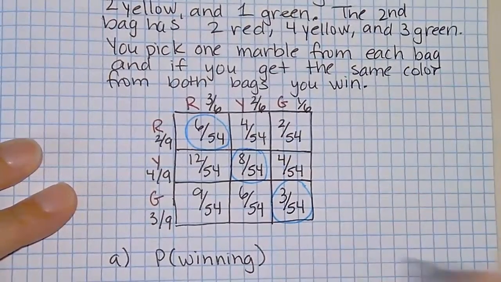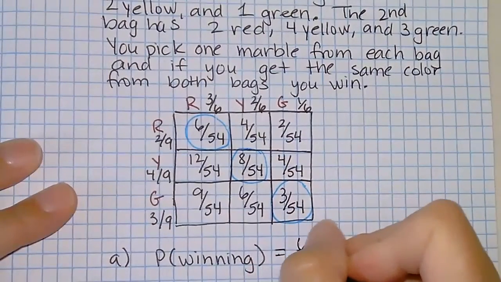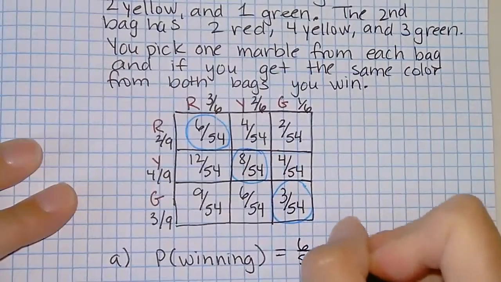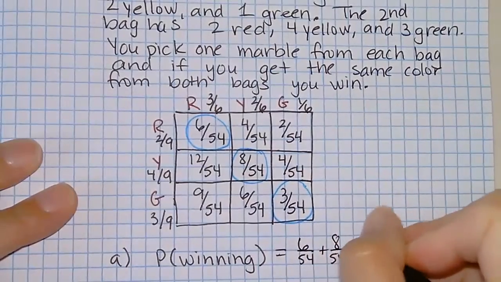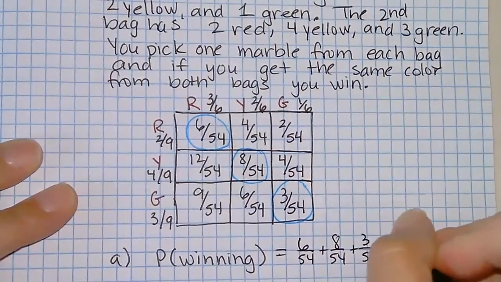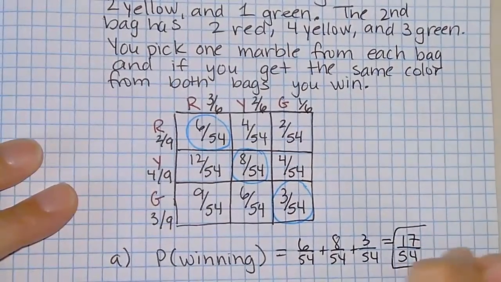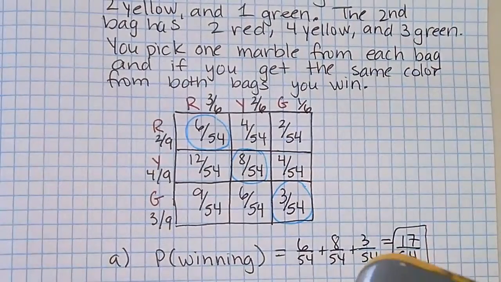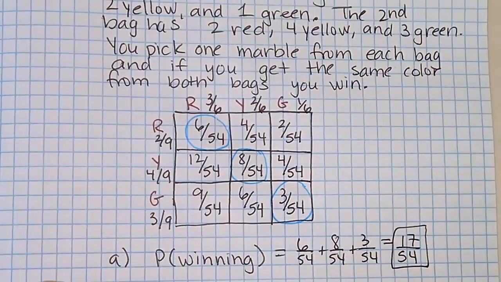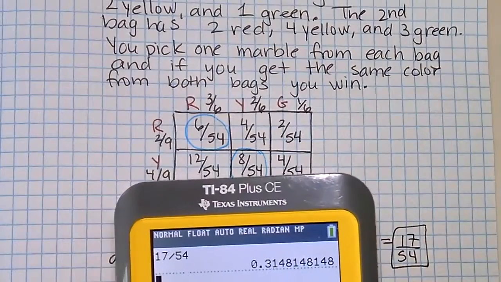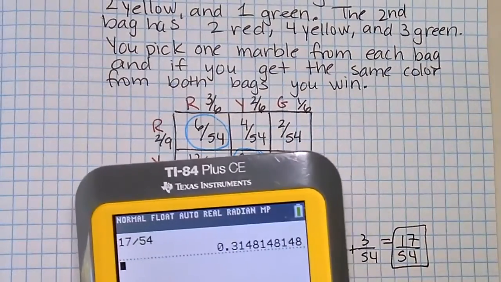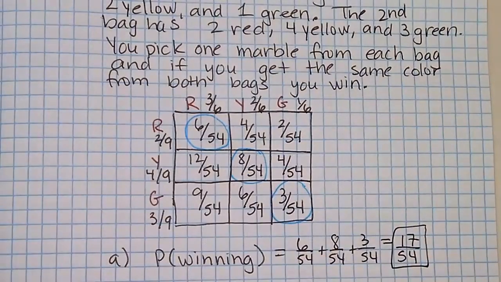So I'm going to be taking 6 54ths plus 8 54ths plus 3 54ths. So I end up with 17 54ths. Okay, that's the probability of winning. And just to kind of see the value of that, 17 54ths would be about 31.5% chance.